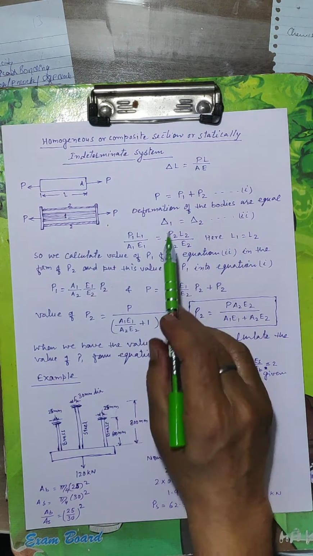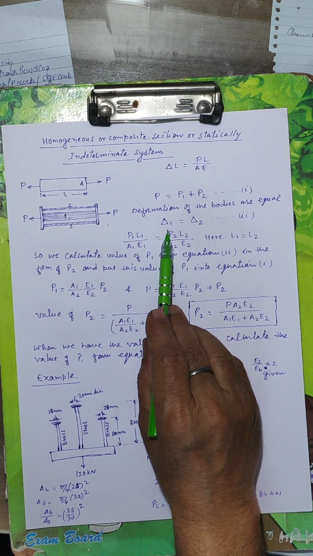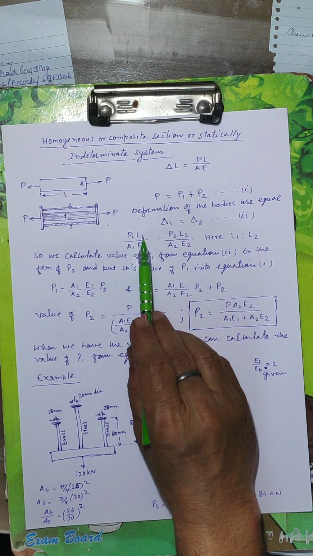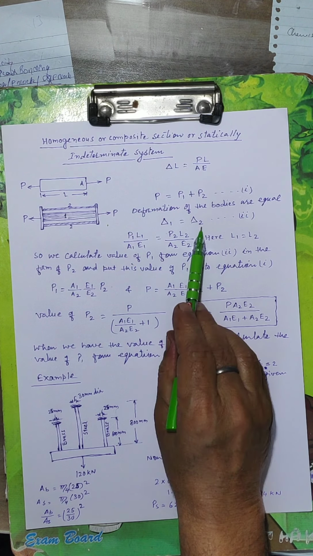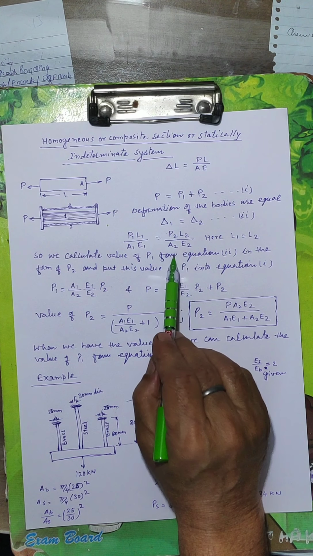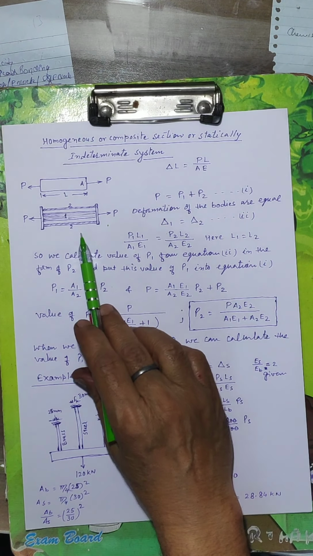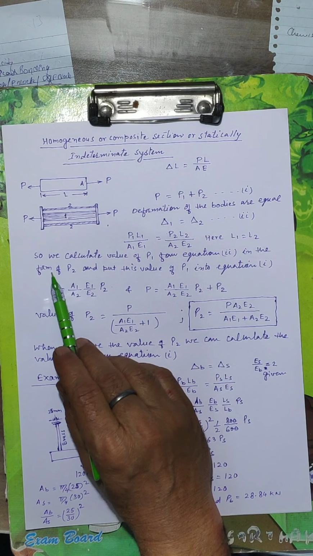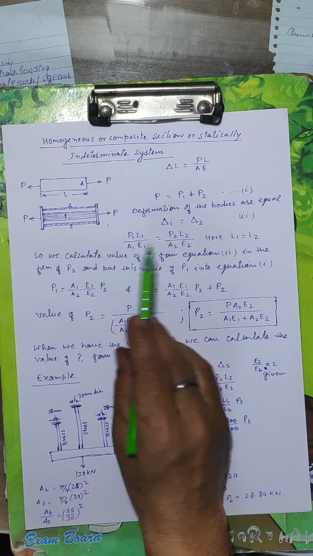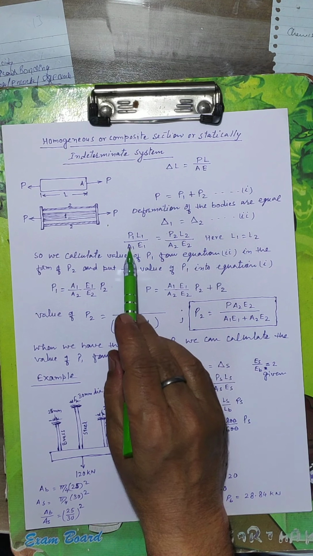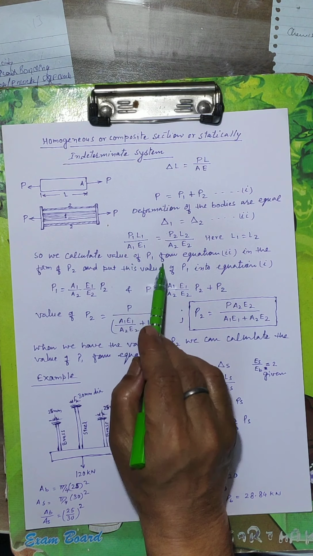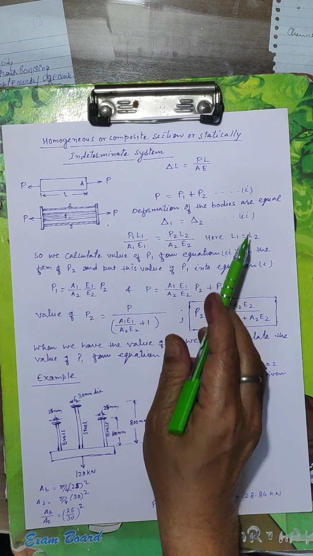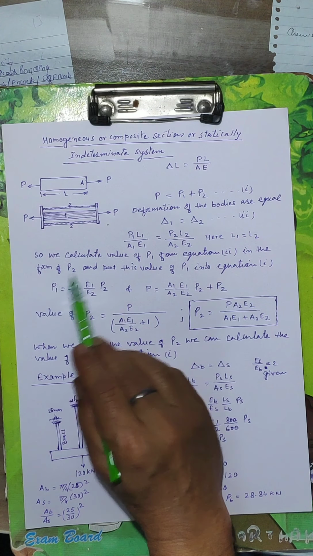The next is delta 1 is equal to P1 L1 upon A1 E1, delta 2 is P2 L2 upon A2 E2. Here L1 is equal to L2. So in this second equation, we can calculate the value of P1 in the form of P2.